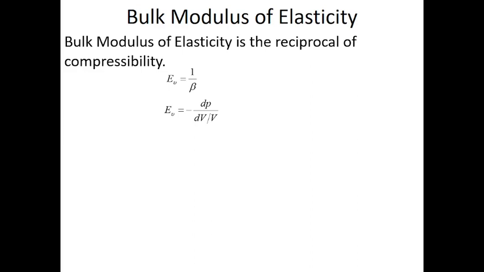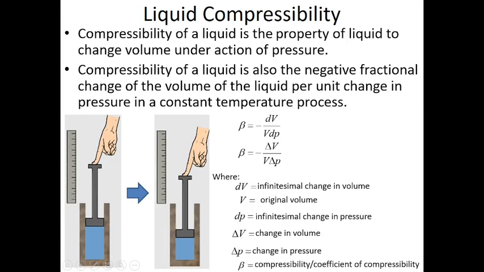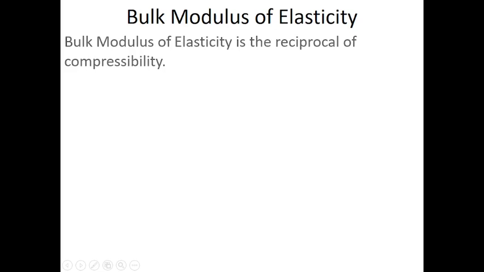So, 1 over the compressibility, or what is also called the coefficient of compressibility. That is how we get our bulk modulus of elasticity.